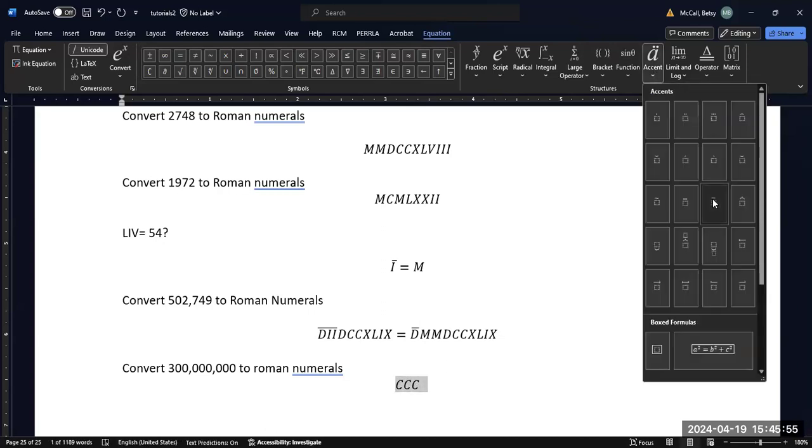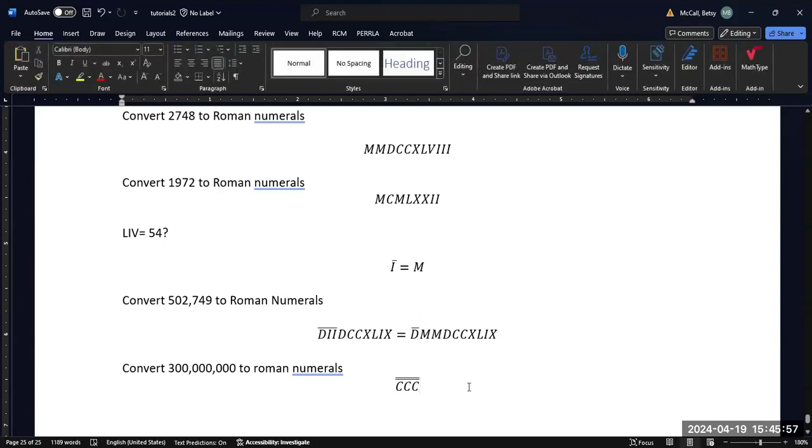You would put 2 bars over it, because each bar is going to represent times 1,000. And so 300 times 1,000 is 300,000. And to get to 300 million, I would multiply by one more copy of 1,000. So that would get me 300 million.